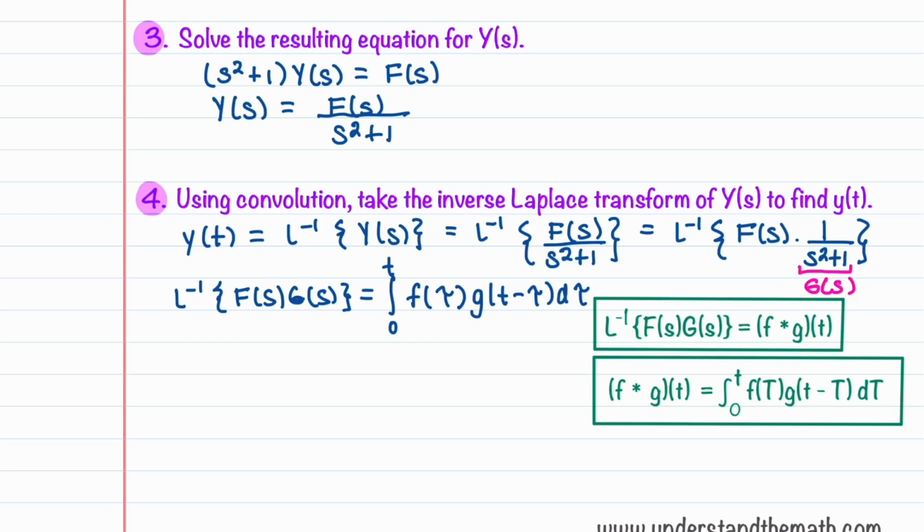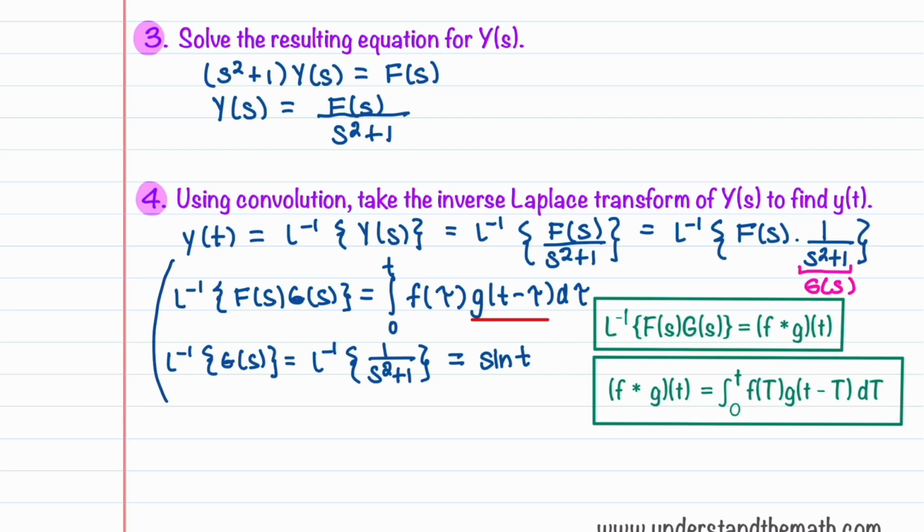Notice that inside our integral, we need little g(t), or little g(t minus tau). So what we're going to do first is find the inverse Laplace transform of G(s). This is the inverse Laplace transform of 1 all divided by s squared plus 1. And you might recognize this. This is just equal to sine of t.